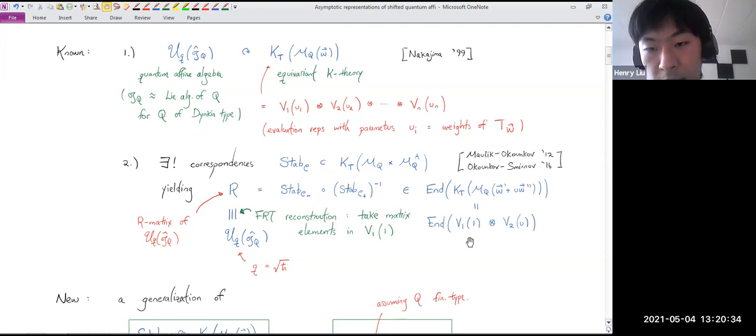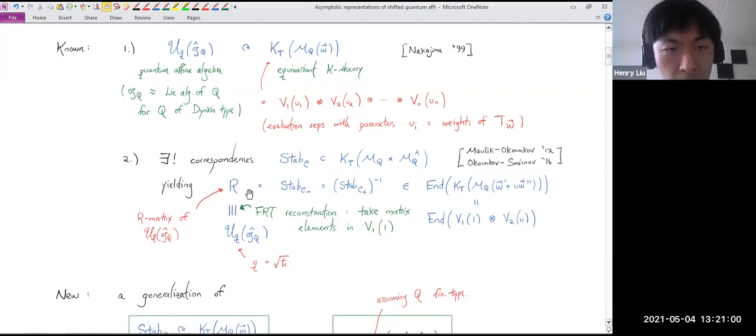Okay, so imagine you take matrix elements of R in the first factor, then you get operators acting on the second factor. And these operators are exactly the operators inside your quantum group. Okay, so we'll see a very explicit example of this very soon. But roughly speaking, that's how it goes.